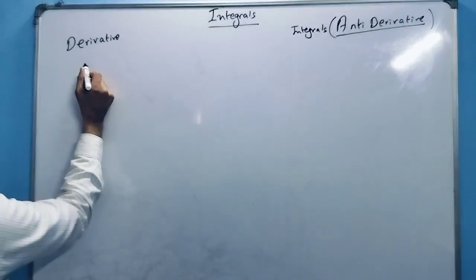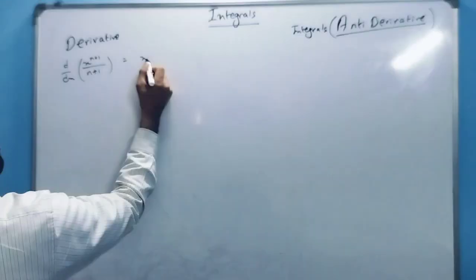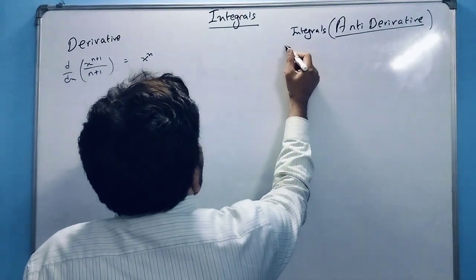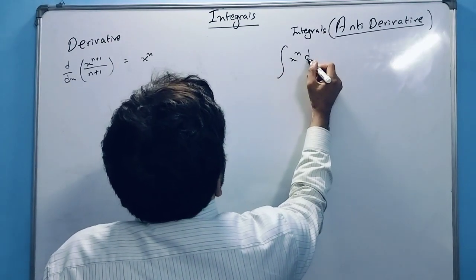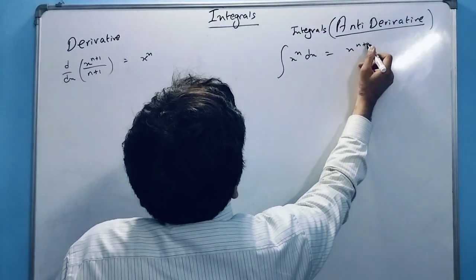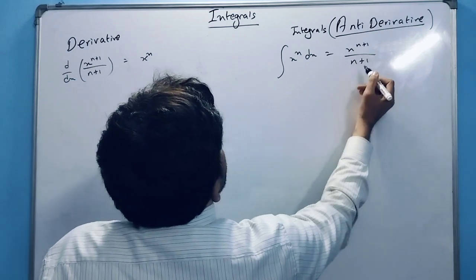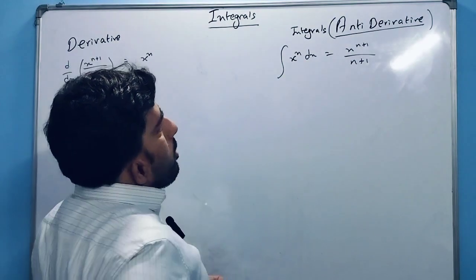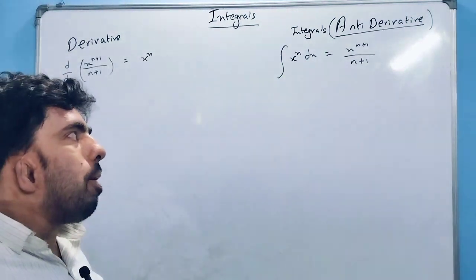Now we'll find, for example, we have x^(n+1) upon n plus 1. If I differentiate this, I get x to the power n. Now here if I integrate x to the power n dx, I get x^(n+1) upon n plus 1. So like this we find the formula for integration, that is, the integral of x raised to the power n with respect to dx is equal to x raised to the power n plus 1 upon n plus 1.